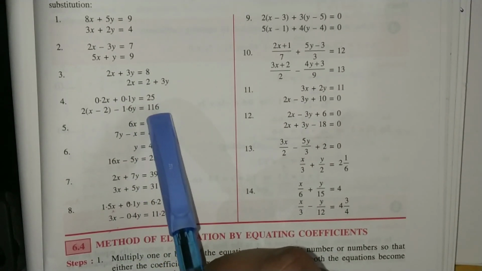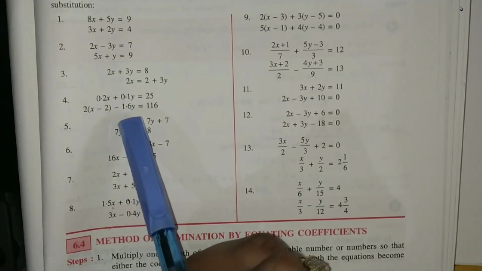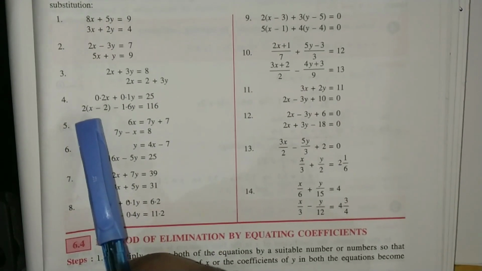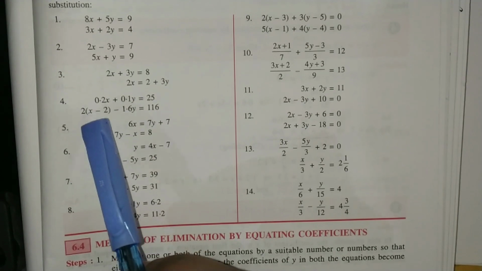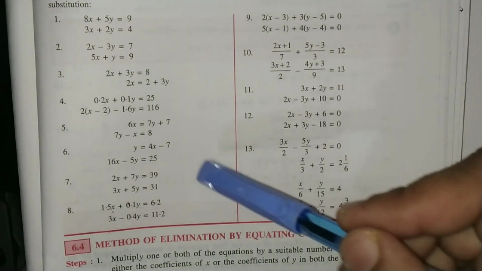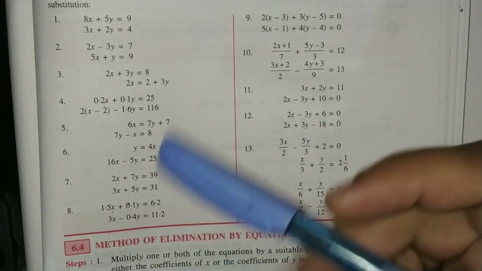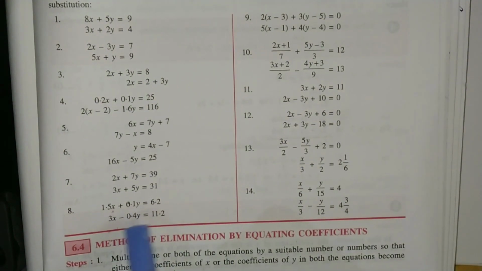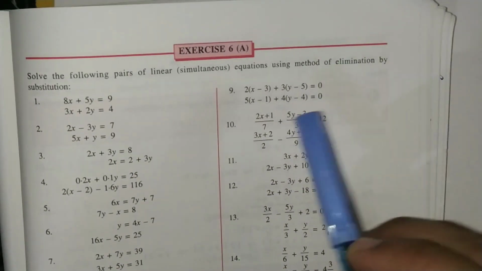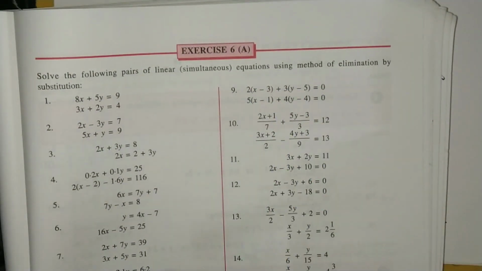In the same way the other equation, you can also solve it. You can solve that. The remaining are all simple. Also in this equation you can solve by multiplying both equations by 10.